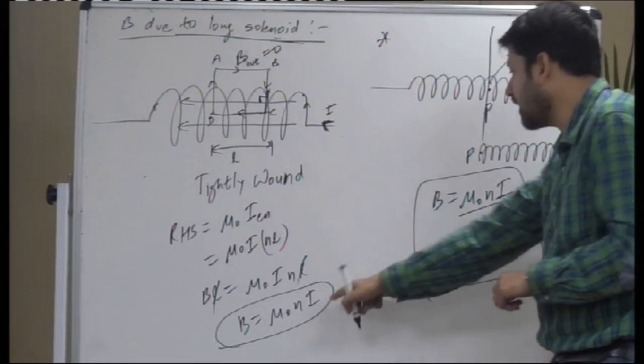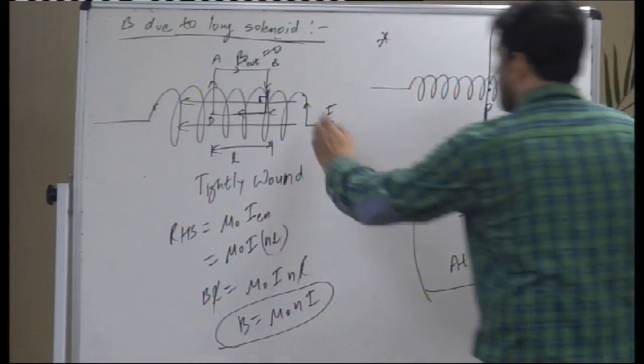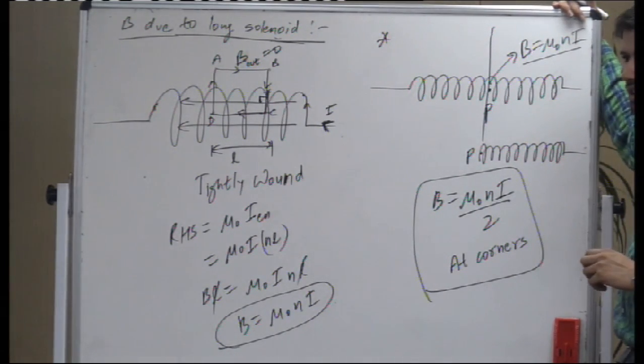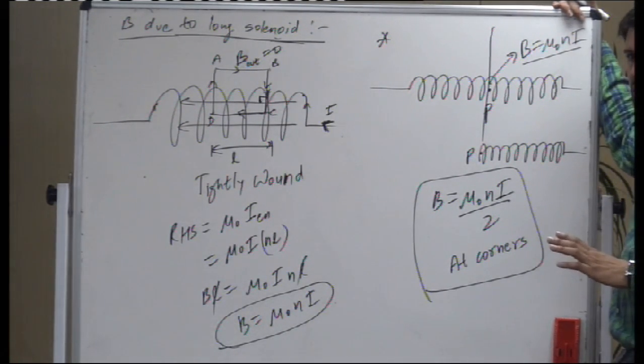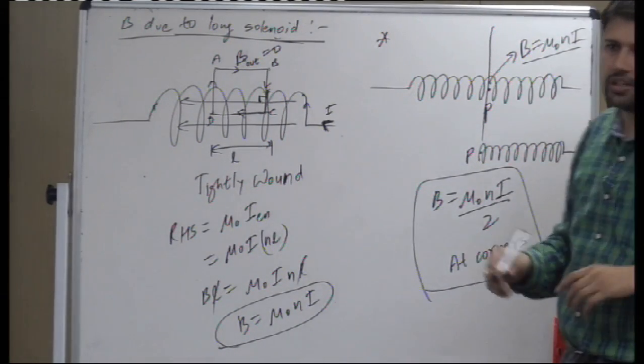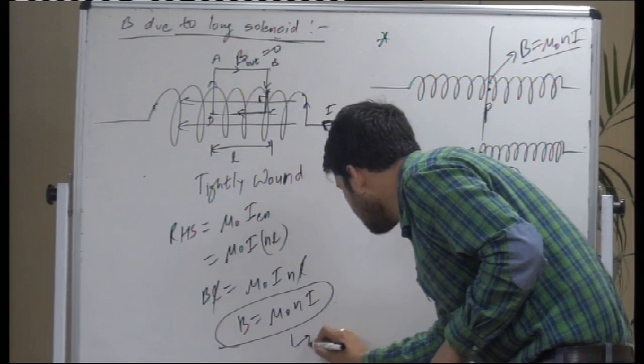And this is at inner regions, anything which is inside, not near the corners but away from the corners. Somewhere in the middle region, not exactly the middle point. So this is the inner region.